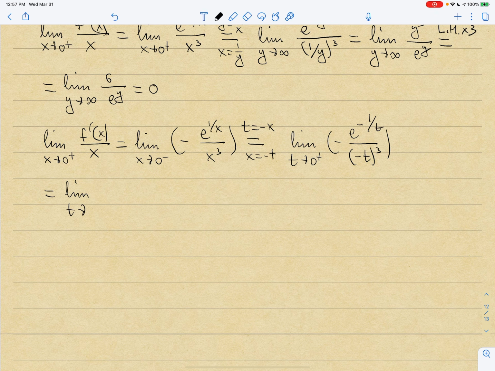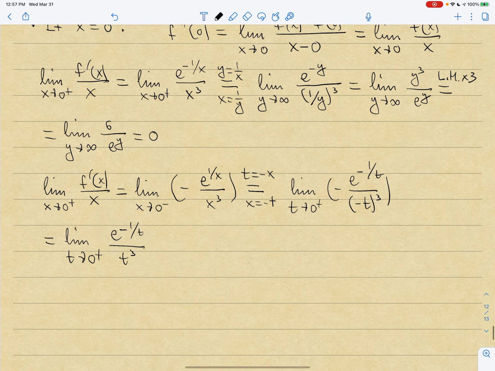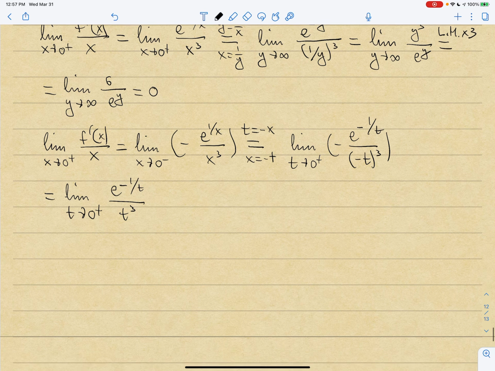And this is a limit as t goes to 0 plus of e to the minus 1 over t cubed. And that we already computed up here, and we know that this is equal to 0.